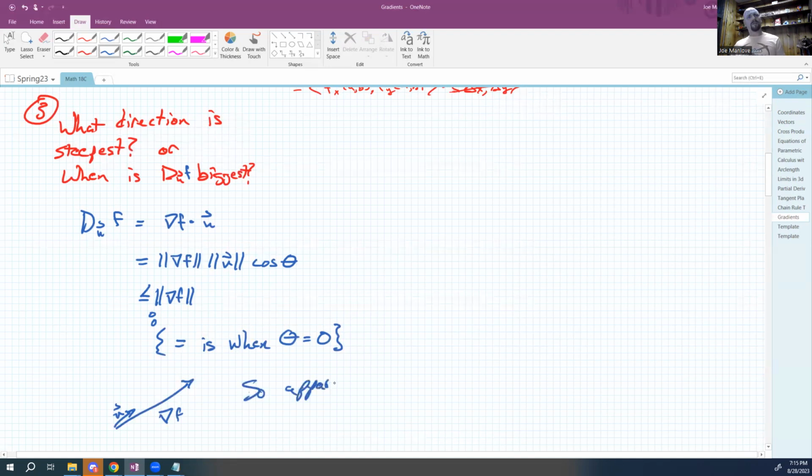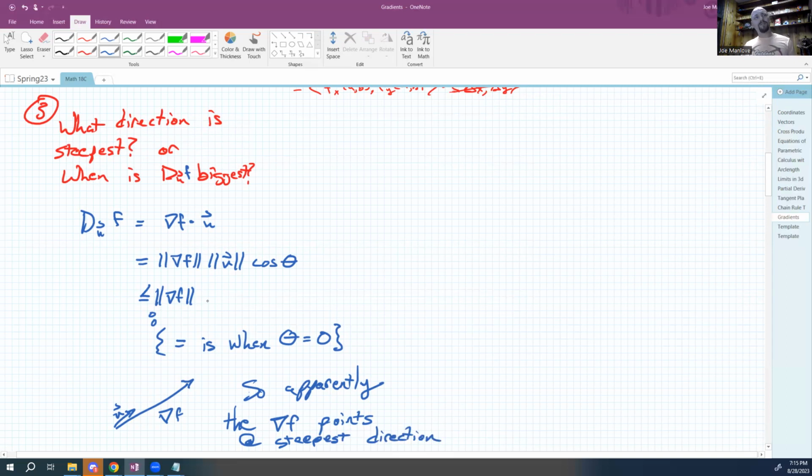apparently, the gradient of a function f points in the steepest direction. And I get a bonus.